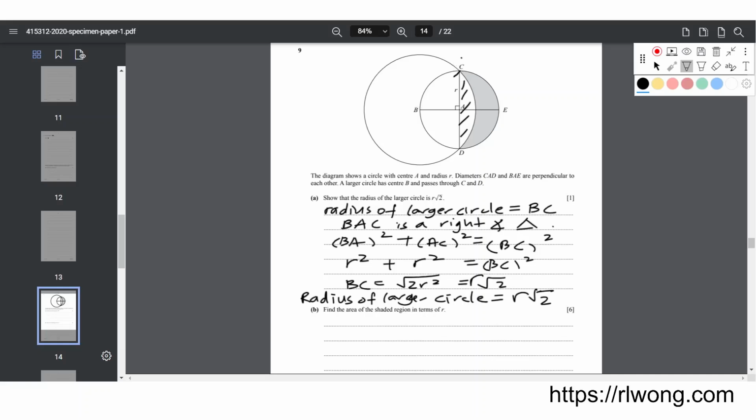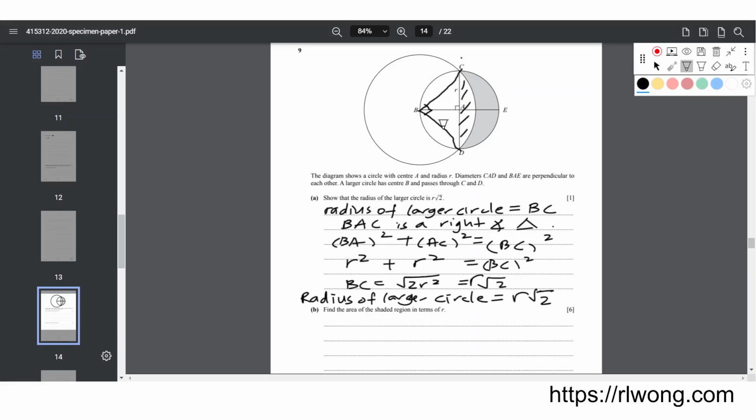So what I'll do is I will first draw this back. Okay, and I do know that this angle here is 90 degrees. Why is it so? If I look at this smaller circle here, this is the diameter, and so this is a semicircle.